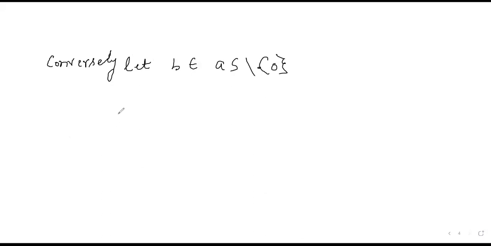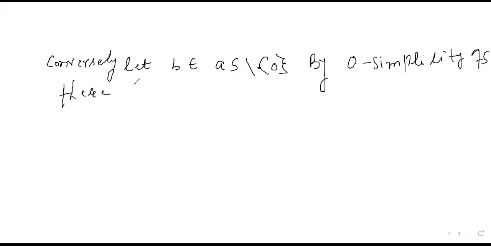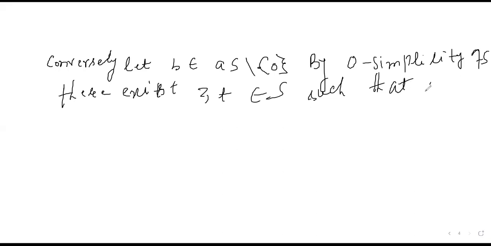So by zero simplicity of S, B is a non-zero element of S, so there exist some elements, say Z and T in S, such that B equals ZET, where E is the primitive idempotent, E is chosen as earlier.